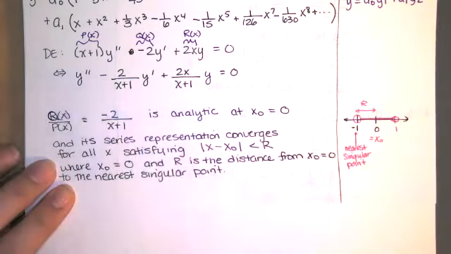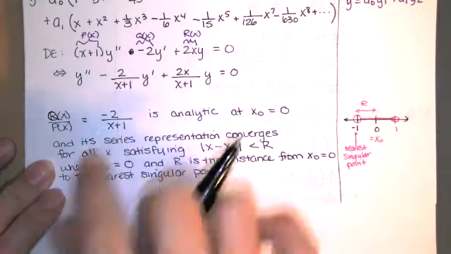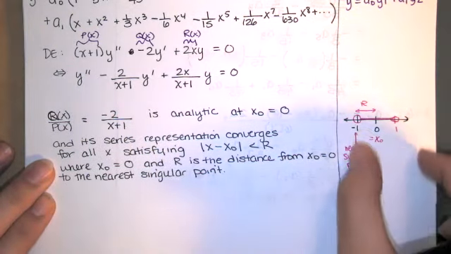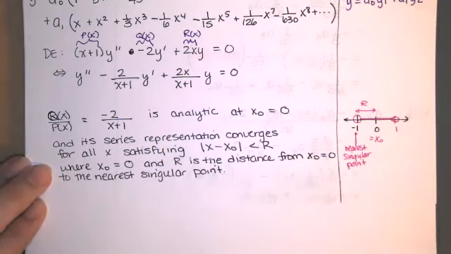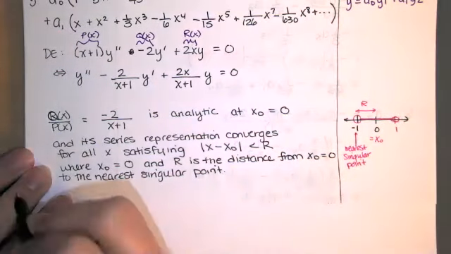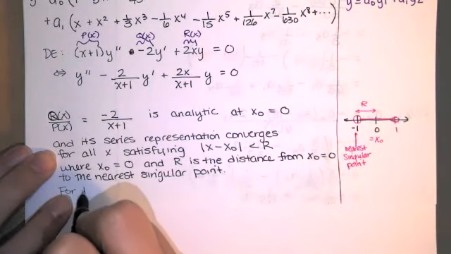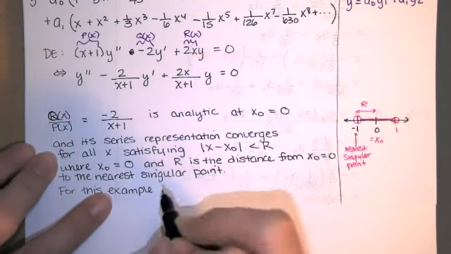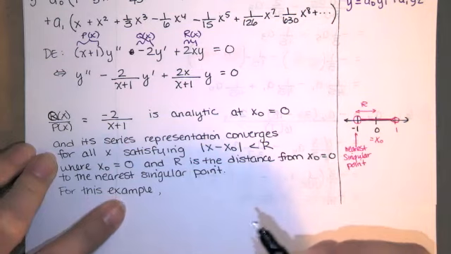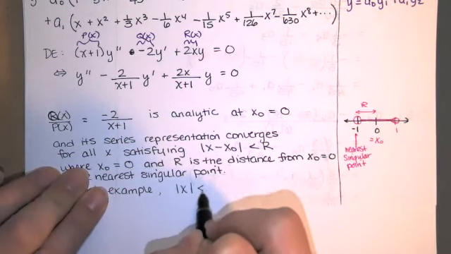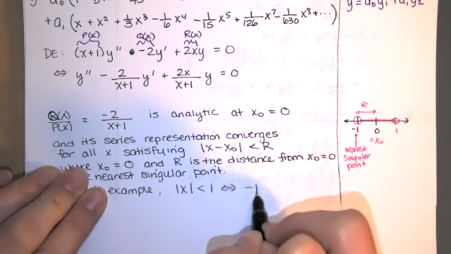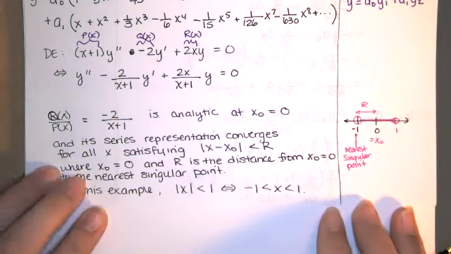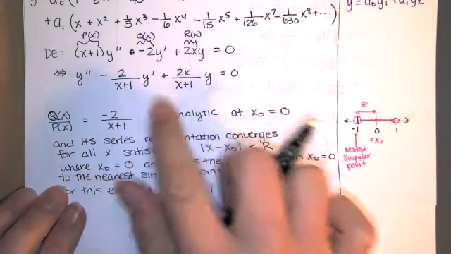And it turns out that that can be written as a geometric power series. So it actually turns out to be that's the interval of existence. So for this example, we have the absolute value of x is less than 1, which corresponds to x being on the interval between -1 and 1. So that's where that one converges.